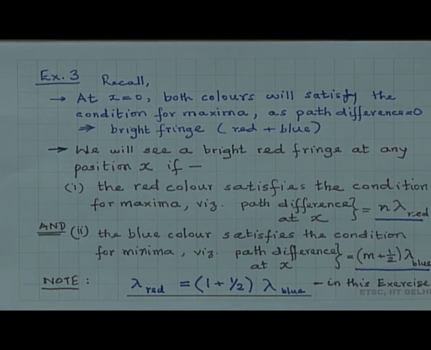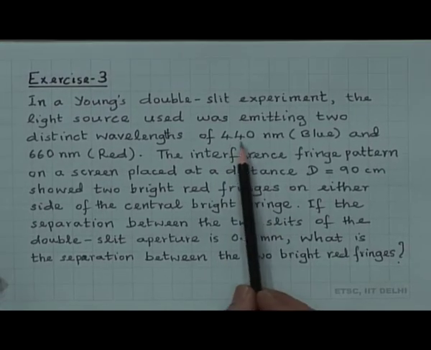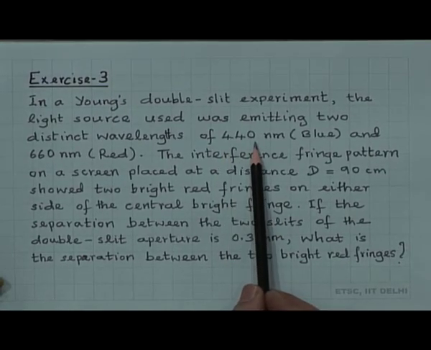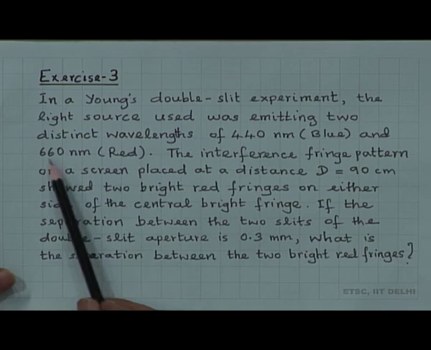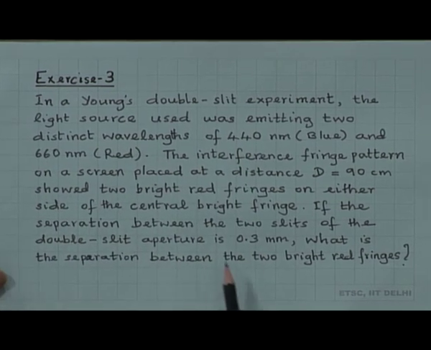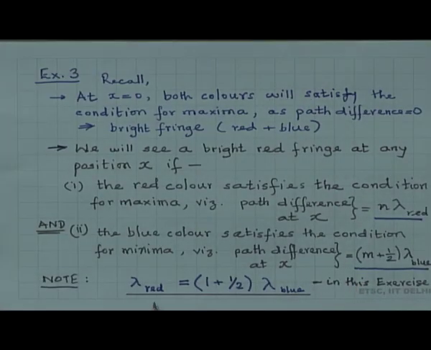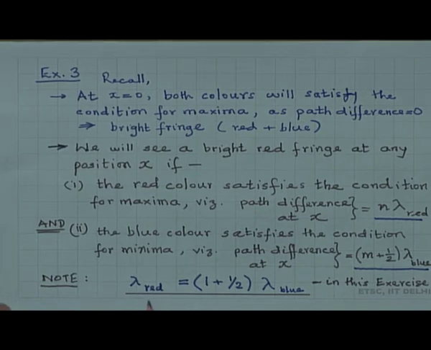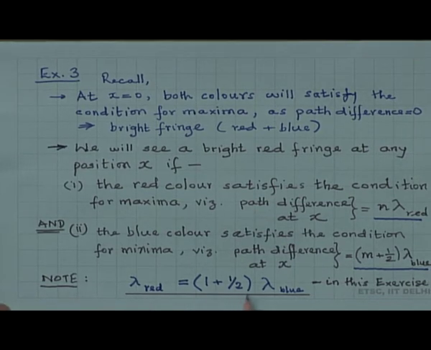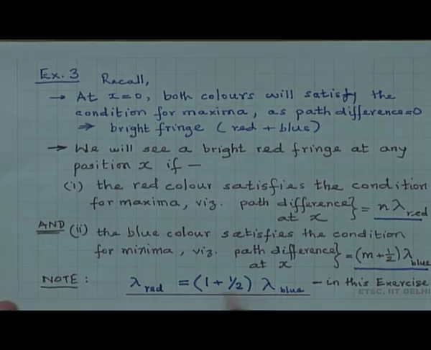Now, in the problem, the wavelengths given are 440 nanometer and 660 nanometer for blue and red. Note that lambda red, 660 nanometer, is 1.5 times lambda blue, that is, 1 plus half times lambda blue. Therefore, if we put n equal to 1 and m equal to 1, the condition is satisfied automatically.